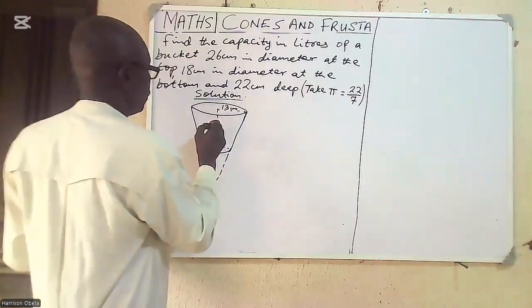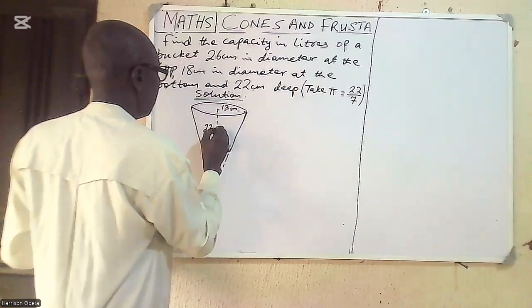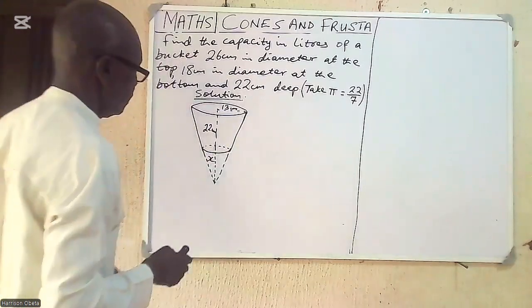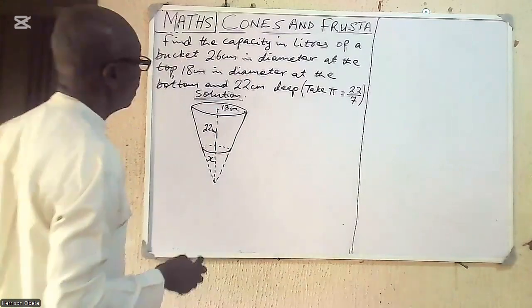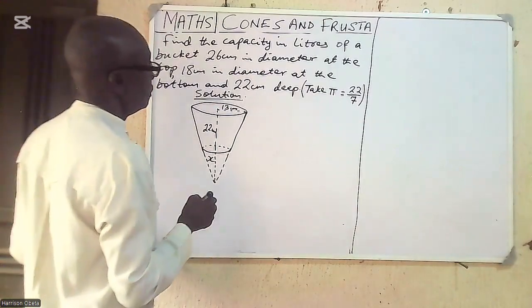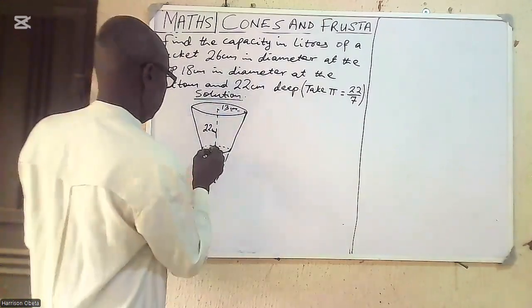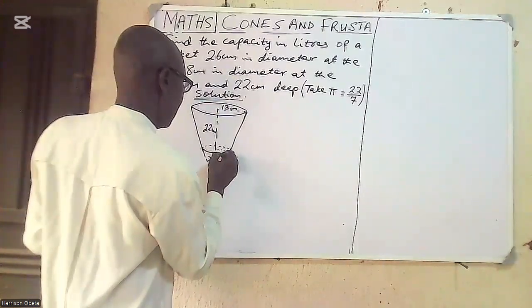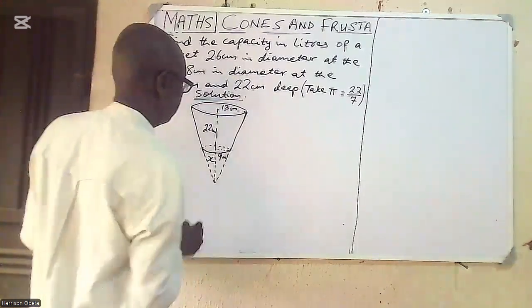The depth is 22 cm. And let us use x to represent the depth of the bigger cone. Then 18 cm at the bottom, that means the radius should be 9 cm.